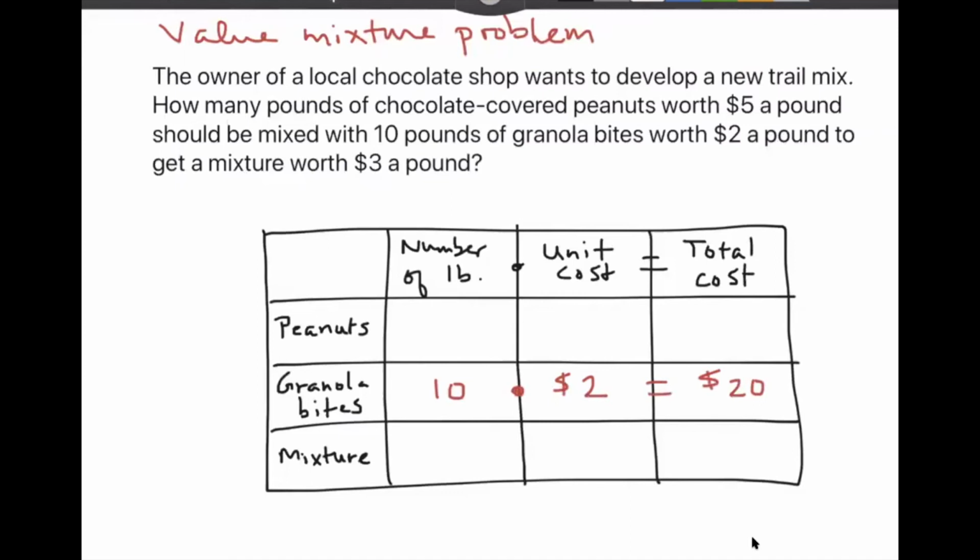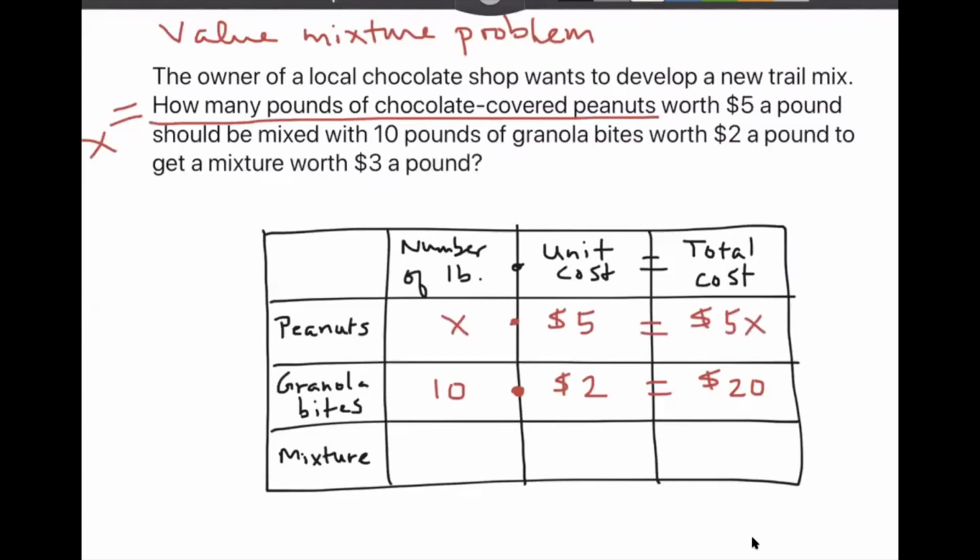Okay. All right. So other than that, it's going to be kind of similar to what we were doing in the percent mixture problems. The question is how many pounds of chocolate covered peanuts, so we'll call that X, so that'll go here. The unit cost of the chocolate covered peanuts is $5 a pound, which means the total cost in terms of X will be 5X.